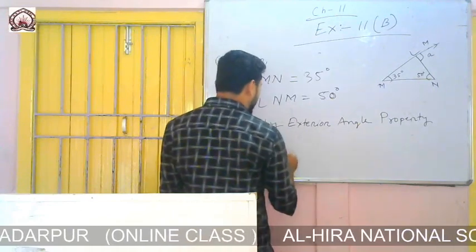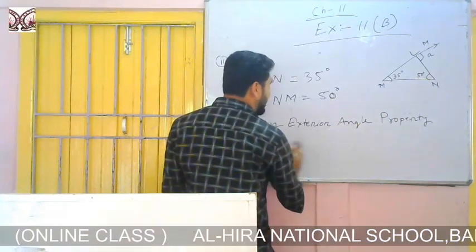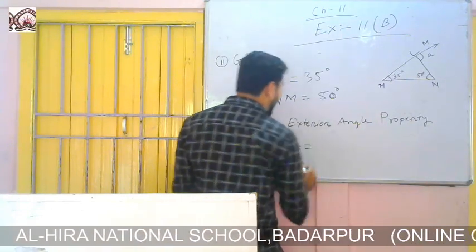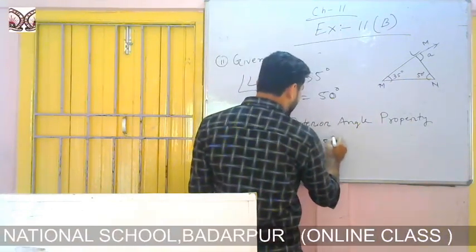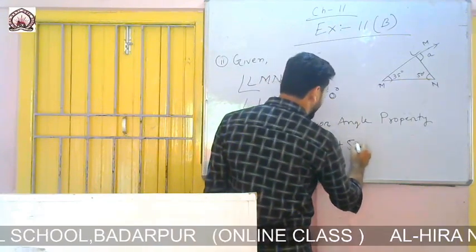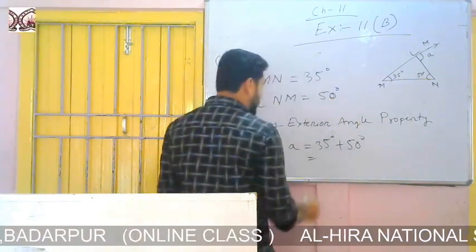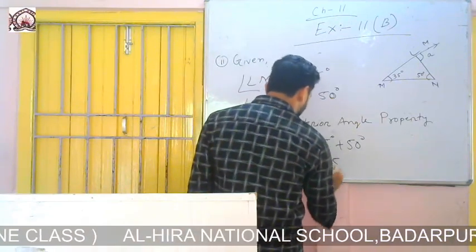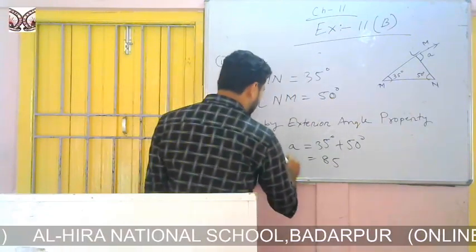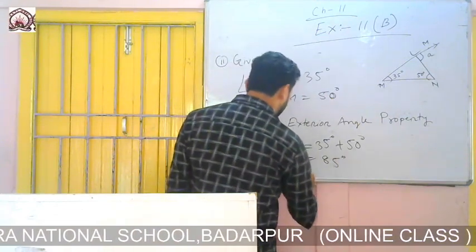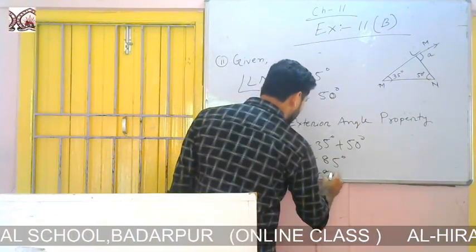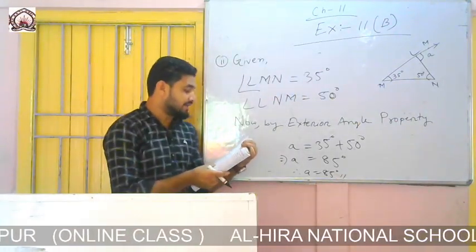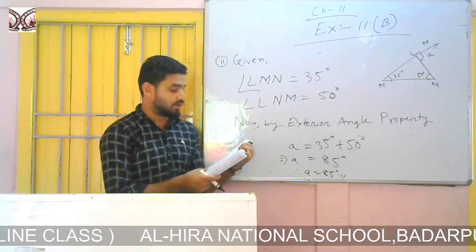So I can write angle A, that is the exterior angle, equals what? 35 degrees plus 50 degrees. If I add, then I get 5 plus 3, 8. So A equals 85 degrees. Therefore A equals 85 degrees. Okay, so that is the answer of question number 1, Roman 2.